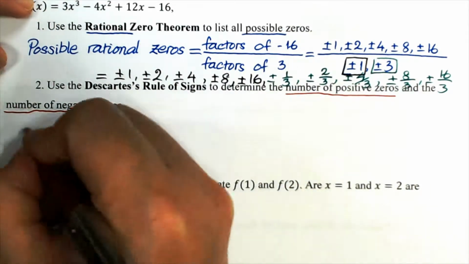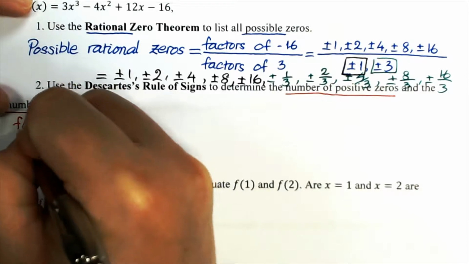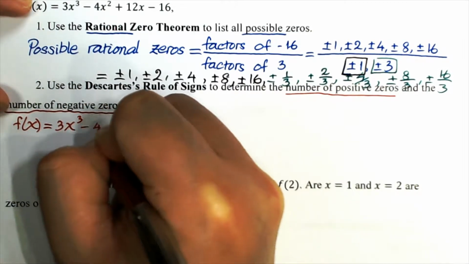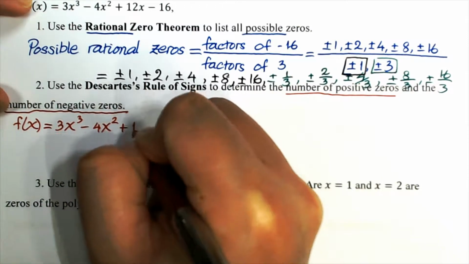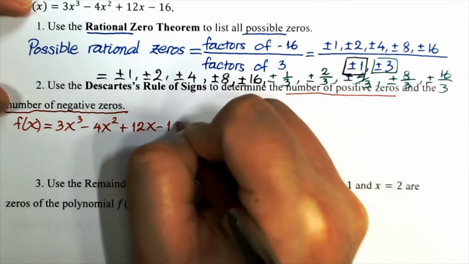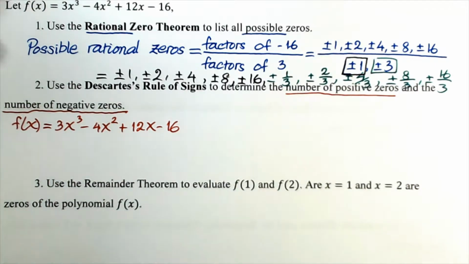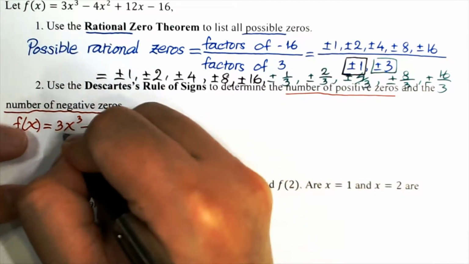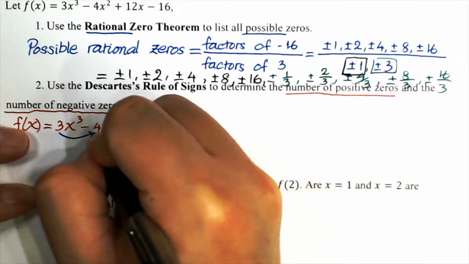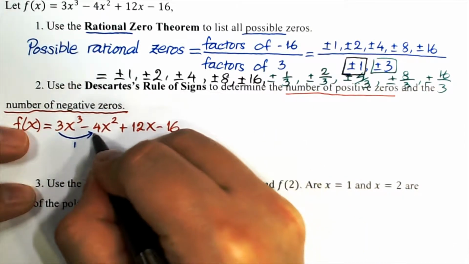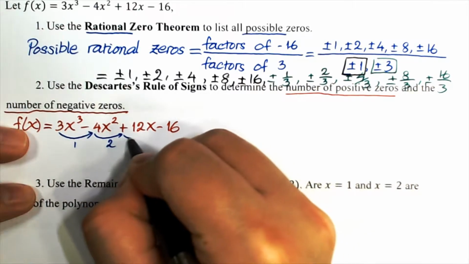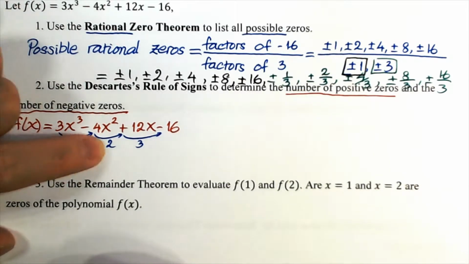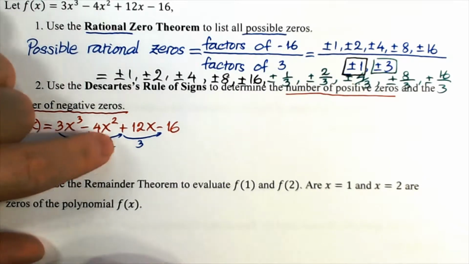So I start with f of x and I will just count. From positive to negative, that is 1. Negative to positive, that is 2. Positive to negative, 3. So there are 3 sign changes.